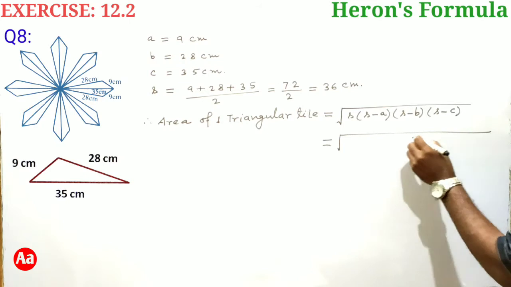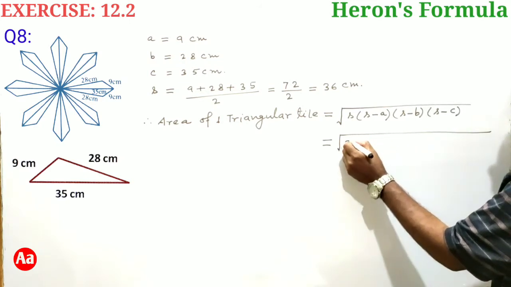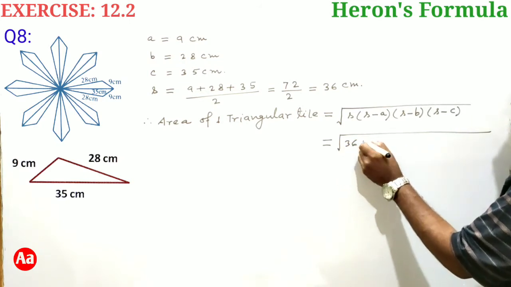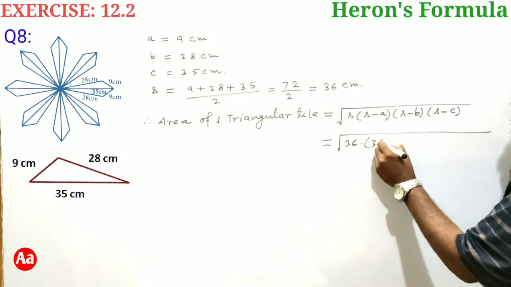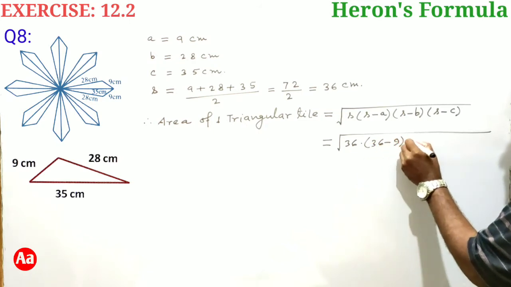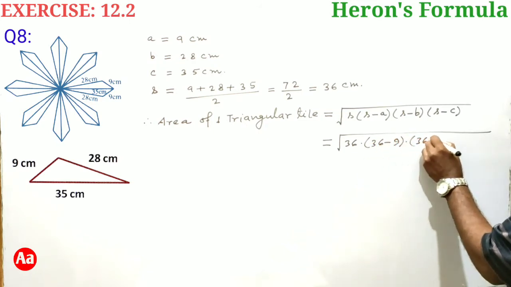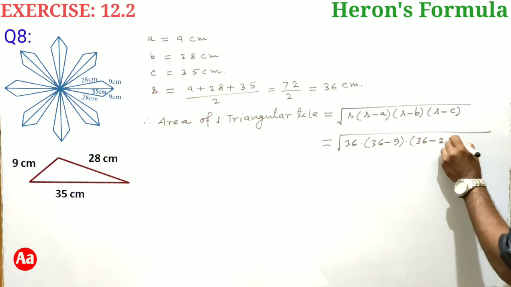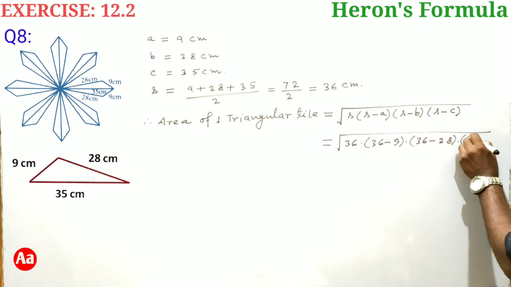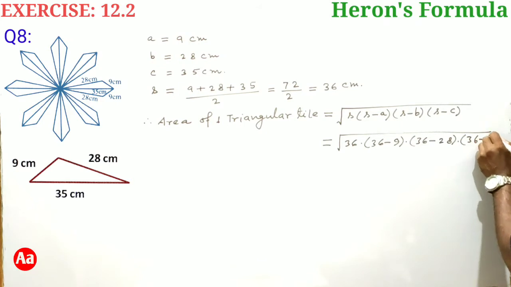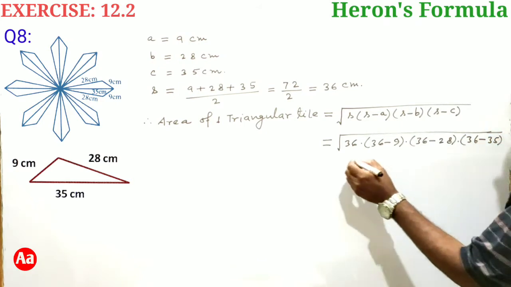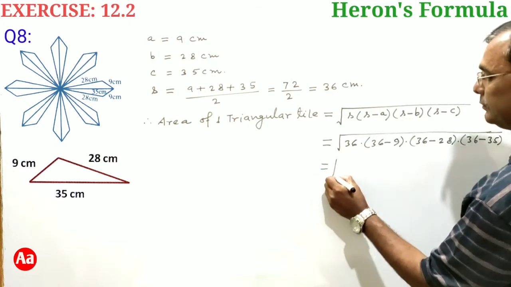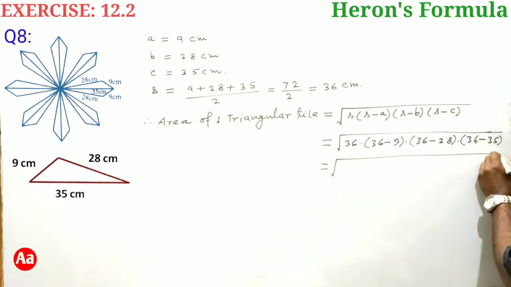So this is equal to 36 into 36 minus 9 into 36 minus 28 into 36 minus 35.